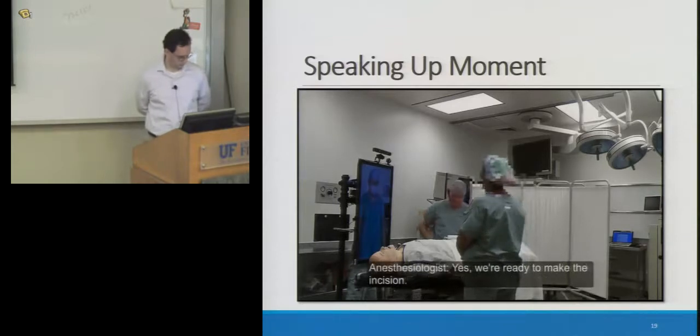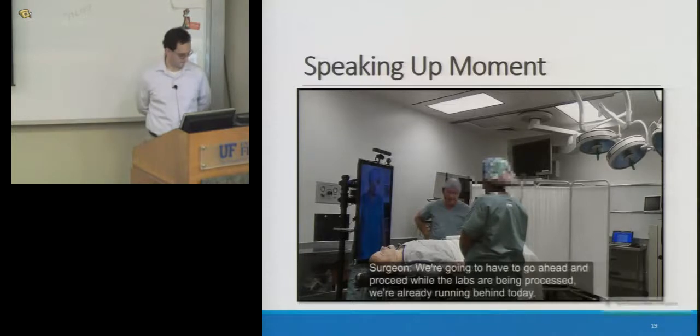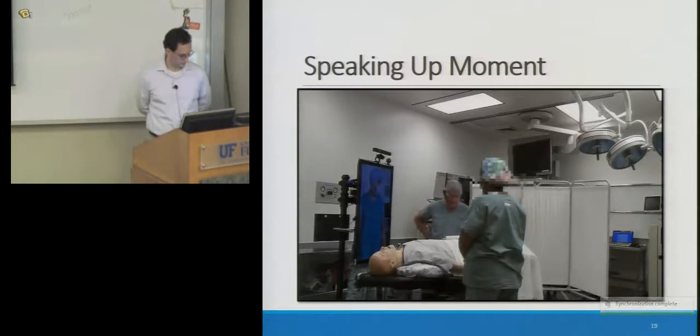Yes, we're ready to make the incision. Okay, we have blood available. You sent the specimens down. We drew the samples, but it looks like they never got sent to the lab. What, are you kidding me? What have you been doing? You didn't send the samples down? Look, I'm sorry. It was hectic while we were getting ready. Well, whatever, just send the samples down now. We're going to have to go ahead and proceed while the labs are being processed. We're already running behind today. Any objections?